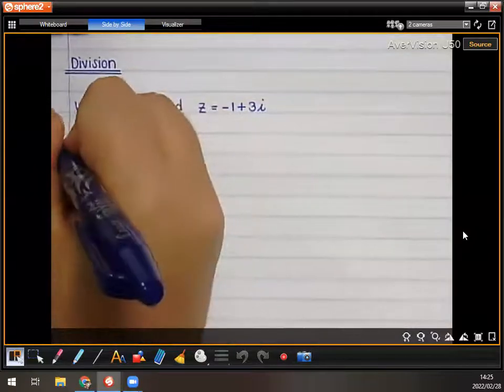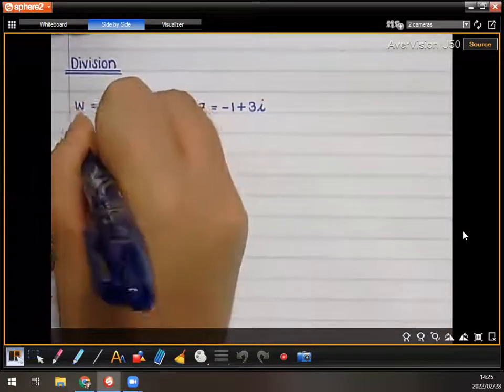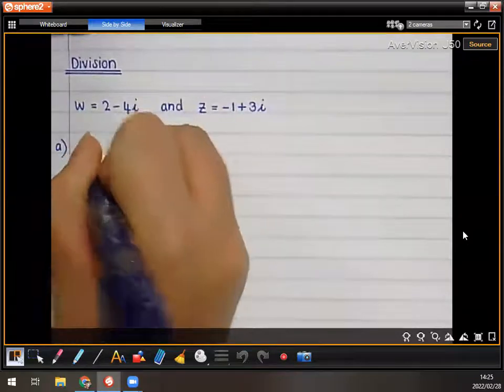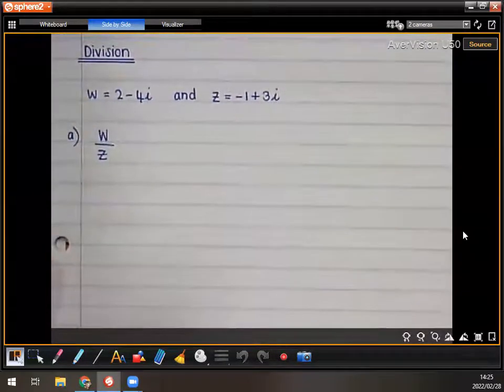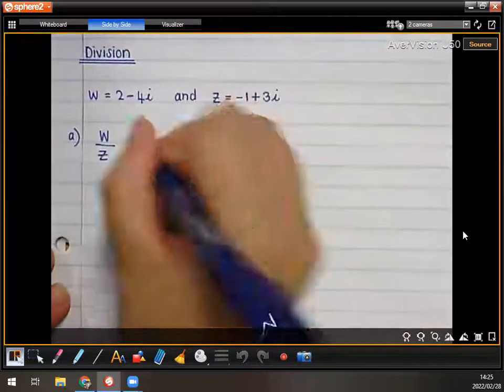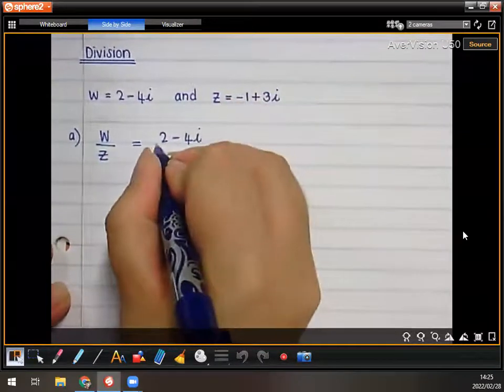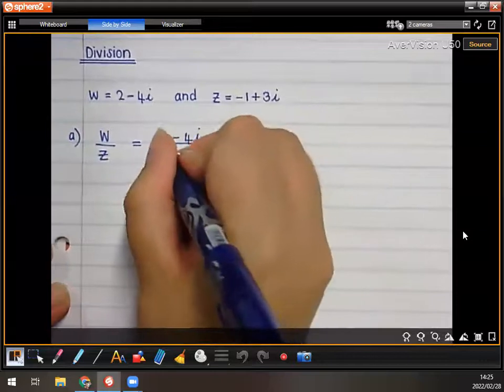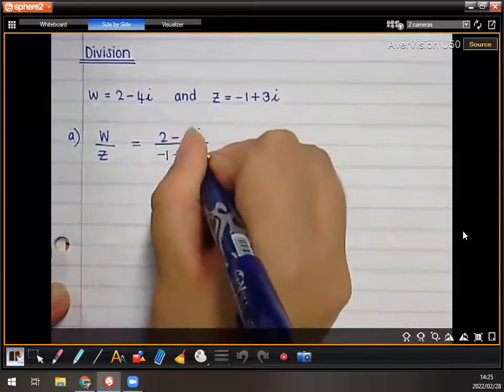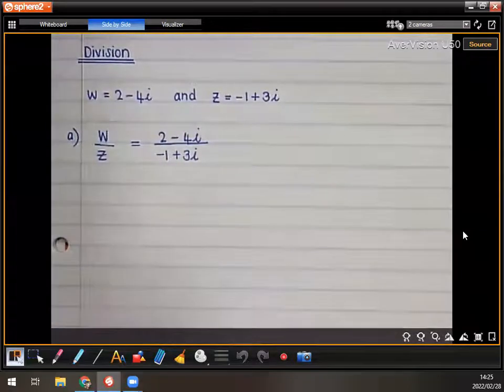So guys, when we are calculating W divided by Z, I'm just going to write 2 minus 4i over -1 plus 3i. That's division, right? Division is a fraction.